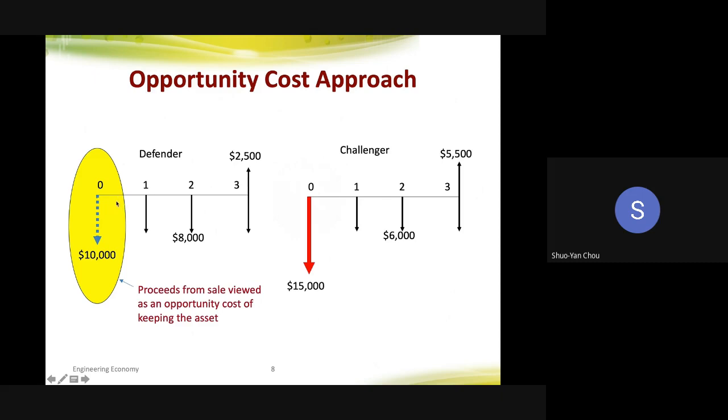Let's just consider that as a part of Defender. That is, if we decide to continue using the Defender, then we miss the chance of getting $10,000. So we consider that as an opportunity cost.